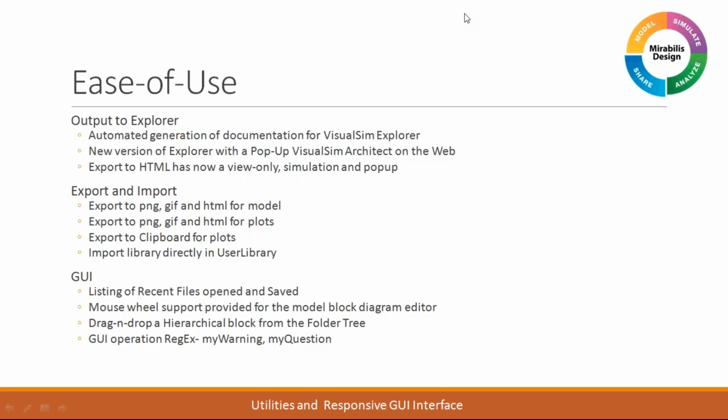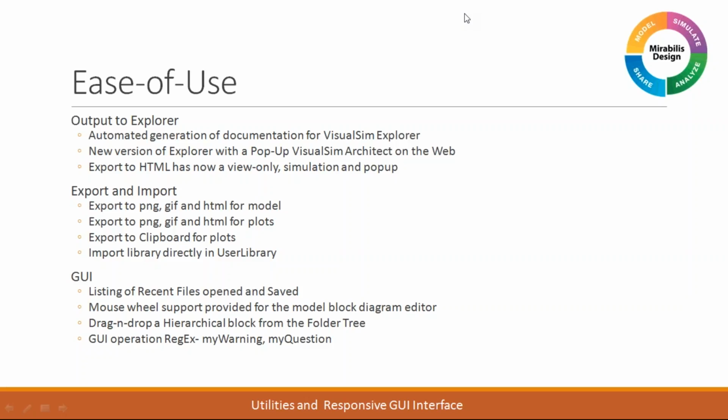So they can conduct a variety of simulations by changing the parameters, the test cases, or the topology, things like that as well. Earlier we just had an HTML view, and there was no provision for a pop-up option of the model itself.